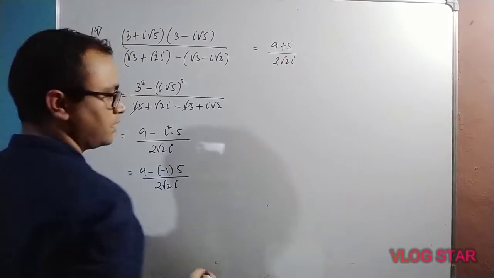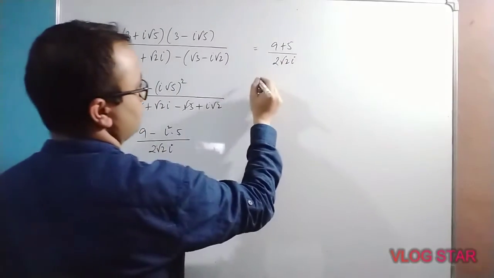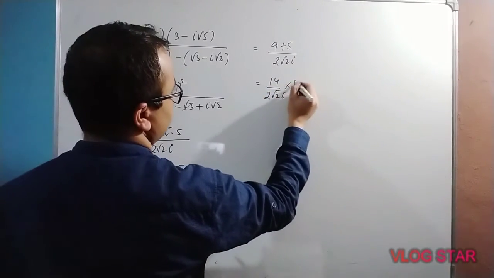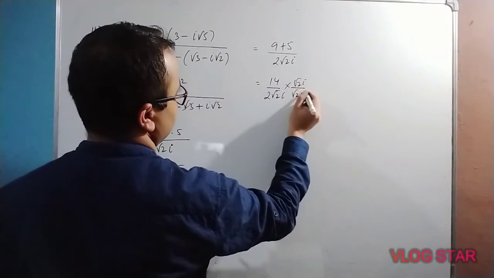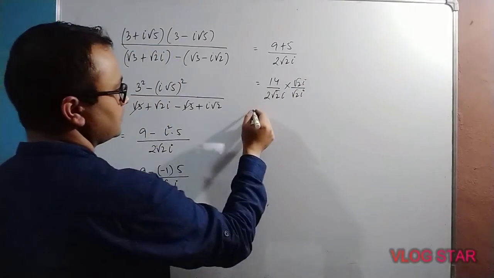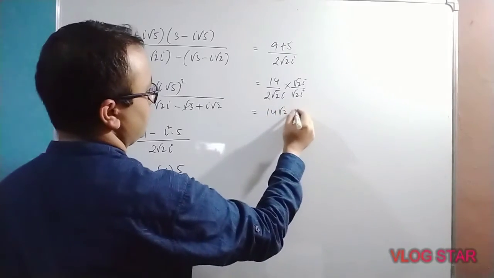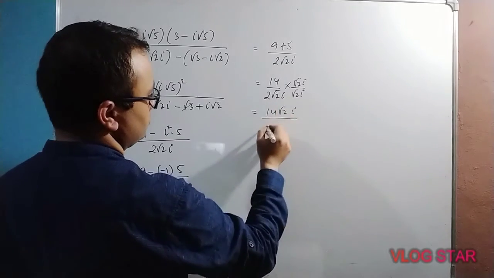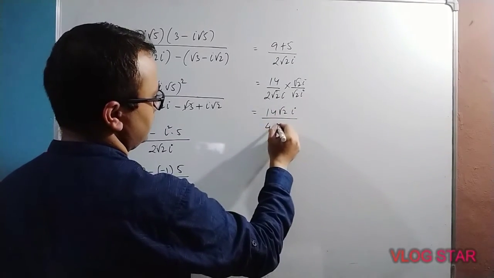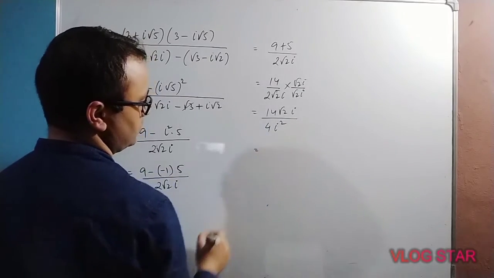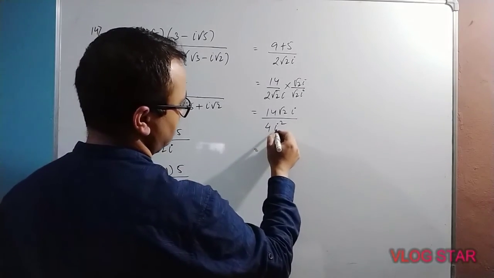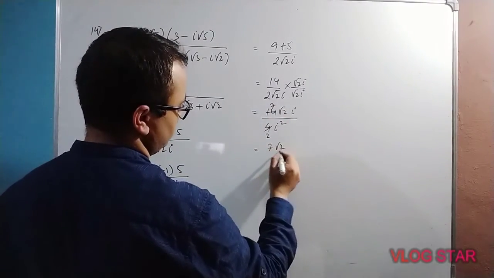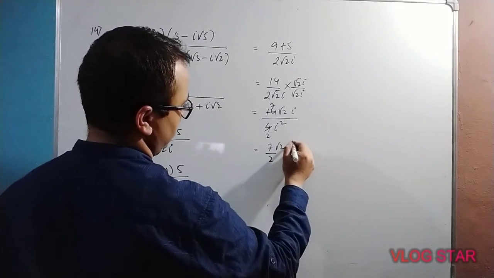Now rationalize by root 2i. So this is 14 by 2 root 2 i into root 2 i by root 2 i. So this equals 14 root 2 i divided by root 2 into root 2 is 2, 2 times 2 is 4 i square. 2 times 7 is 14, so 7 root 2 i by 2 i square.